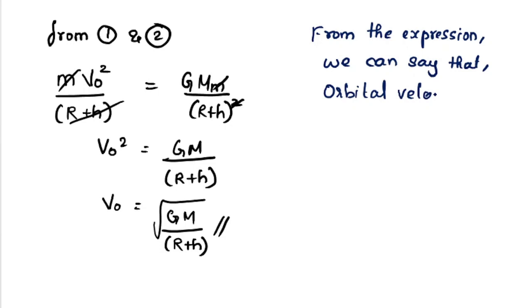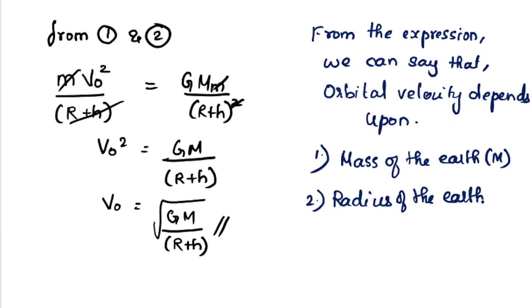First, it depends upon the mass of the earth. This M stands for the mass of the earth. Then it depends upon the radius of the earth. R stands for the radius of the earth.